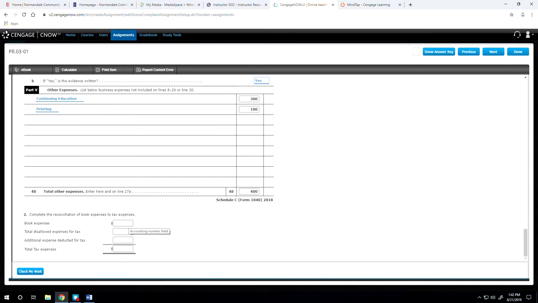Okay, and then we want to complete a reconciliation of book expenses to tax expenses.